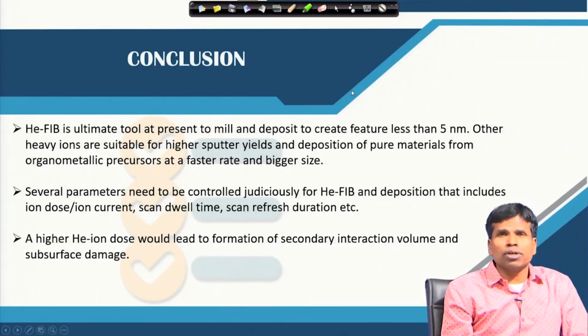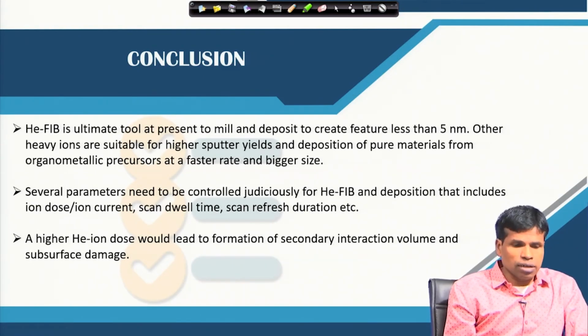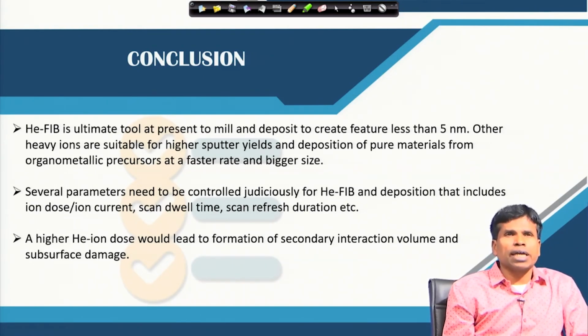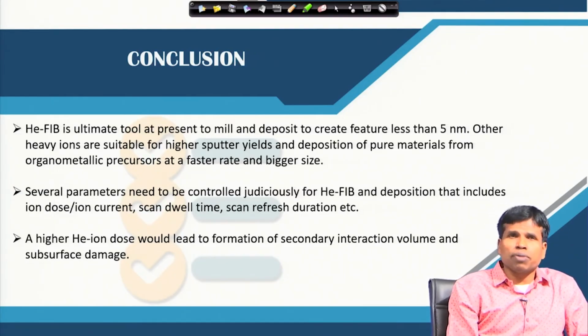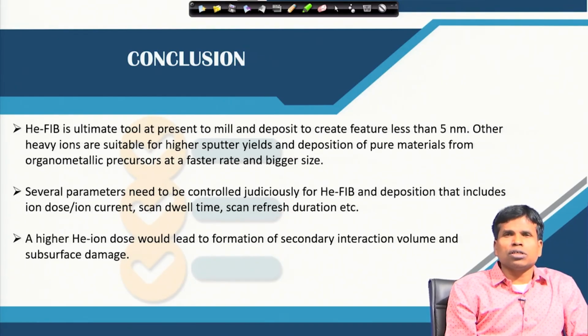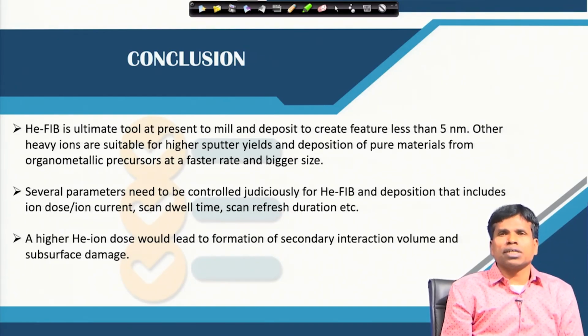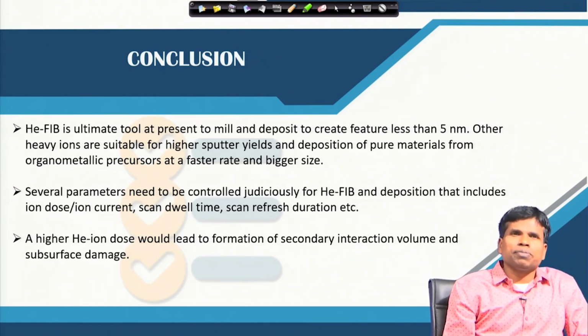So, in conclusion, what we have seen here is that helium ions can be used for fabrication or creation of structures by milling or deposition at sizes smaller than 5 nanometer, and we can produce the structures using suitable precursor materials such as organometallic precursors.